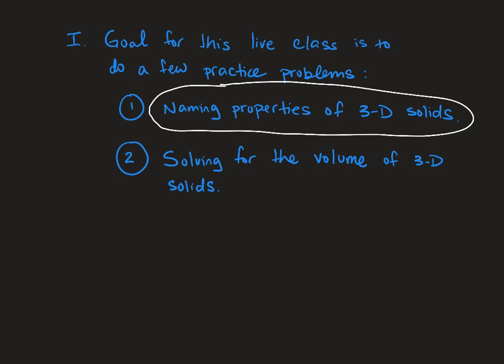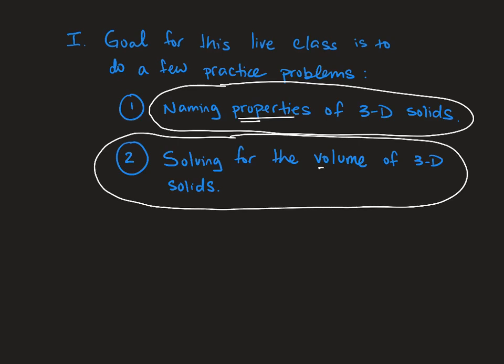And if you need a little bit of a jogging in memory, I'm going to save that for the very last because I have a video already on it that's really thorough, which is today's video. And so we're going to focus on the properties like edges, vertices, and faces. And then the next thing we're going to be focused on, and this is really important as well, is finding the volume of 3D solids. And it's so much easier than what you can imagine. If you've seen the video, you know this.